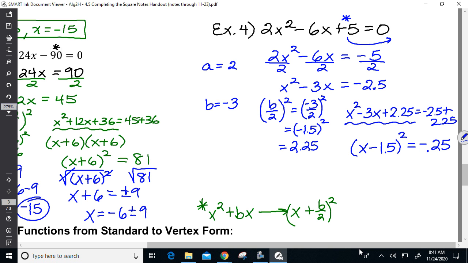So that was the formula that was in the box yesterday. That formula comes in handy when you're dealing with fractions and decimals. Any questions before we continue?